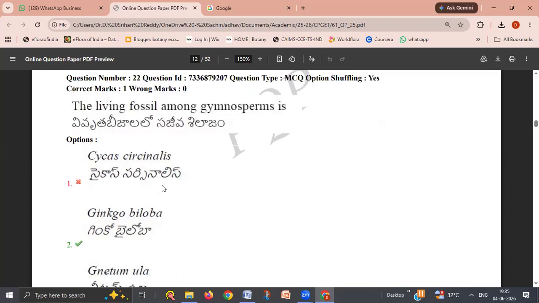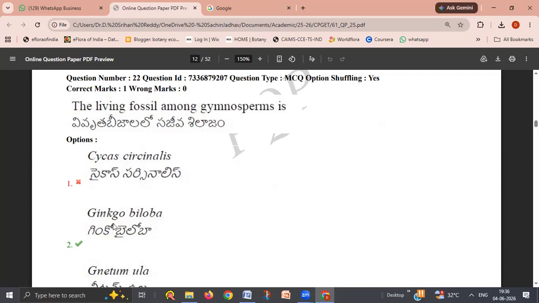Ginkgo is one of the most important medicinal plants, also useful for the treatment of cancer, and it grows mostly in China. Why is it called a living fossil? Because Ginkgo is a genus containing several species, and actually it is one of the oldest plants.